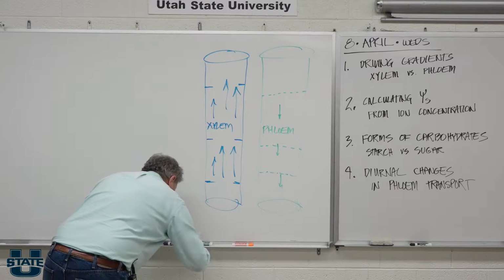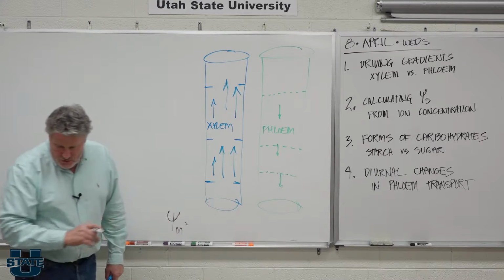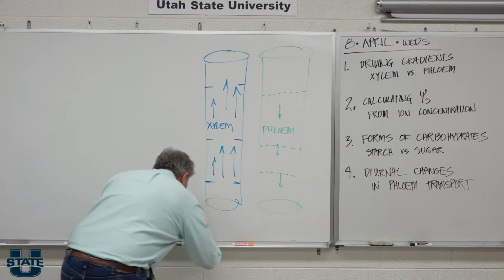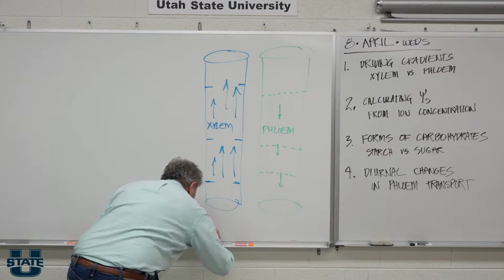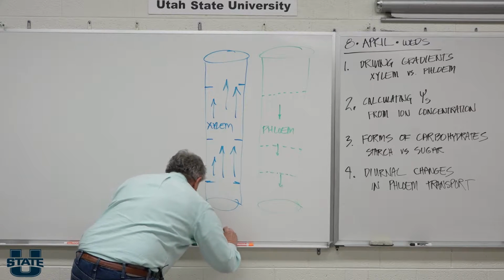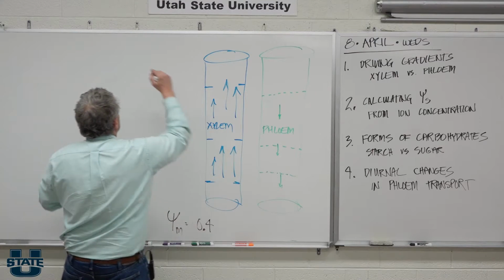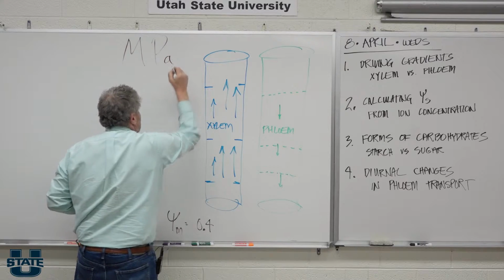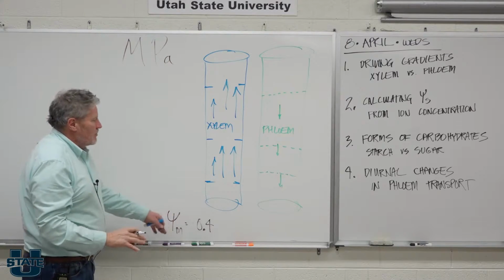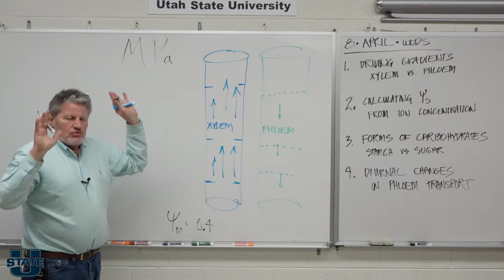psi matrix down here, and we're going to call that 0.4. Everything in this thing is all megapascals. That's the universal unit. And the numbers are all 1, 2, 3.